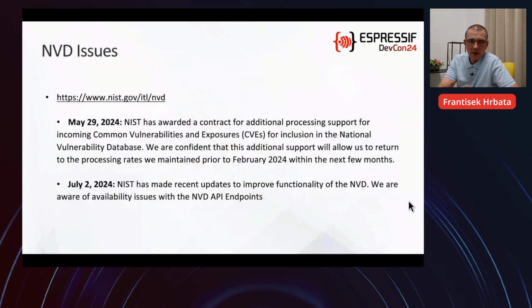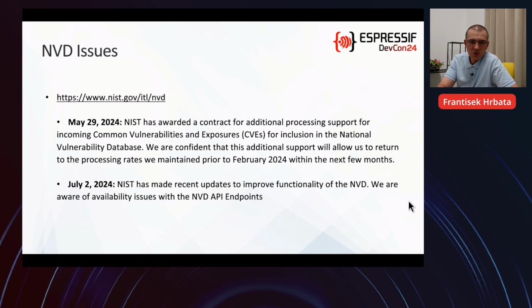Now, lately there are some issues with the National Vulnerability Database. The first thing is they are a little bit behind and have a huge backlog of unprocessed CVEs, meaning such CVEs do not have the CPEs, which identify which products are actually vulnerable.